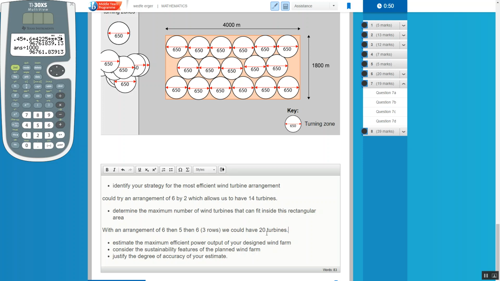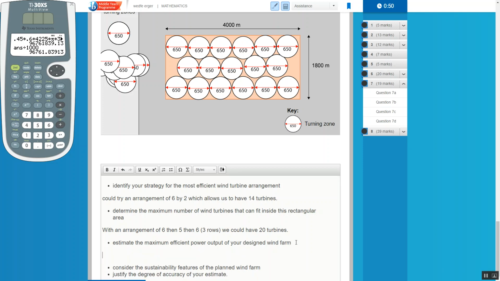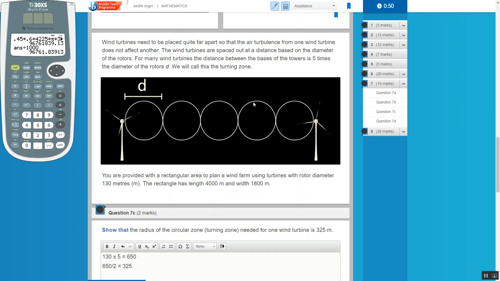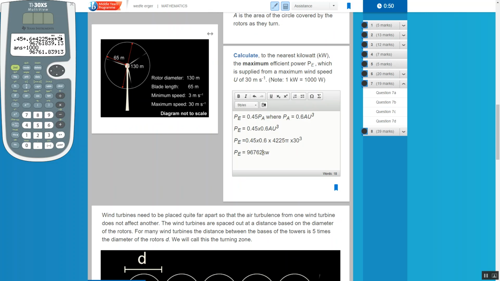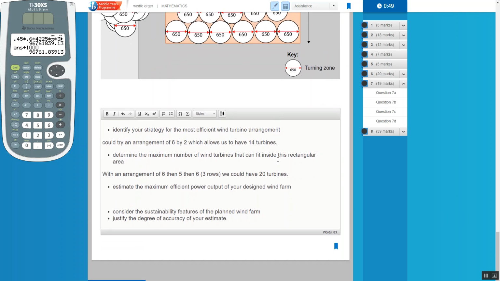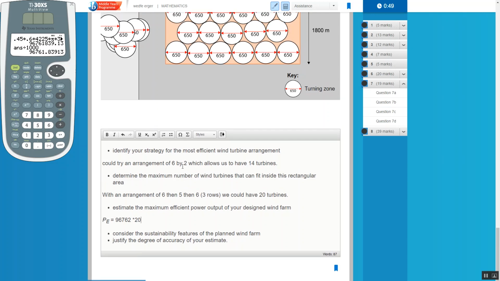Okay. So estimate the maximum efficient power output. So if one output is this, power output is that. Then we times that by, I can put 20.